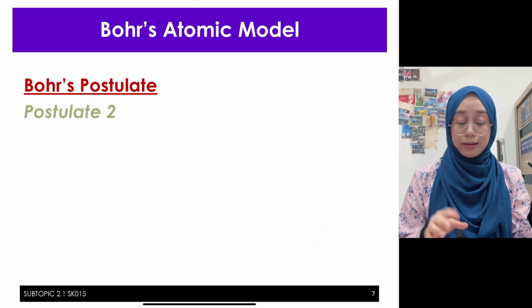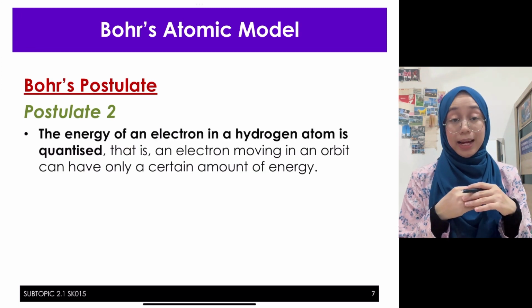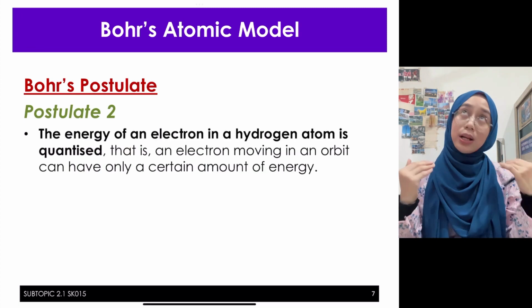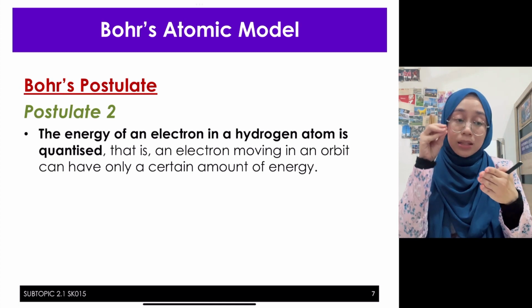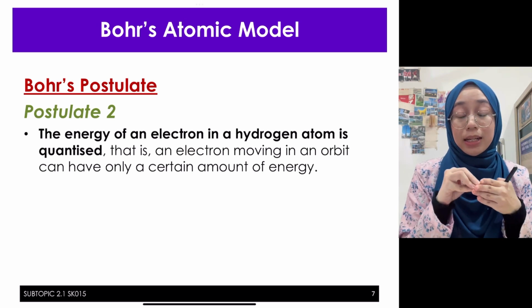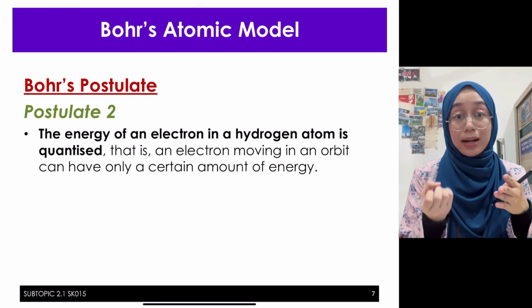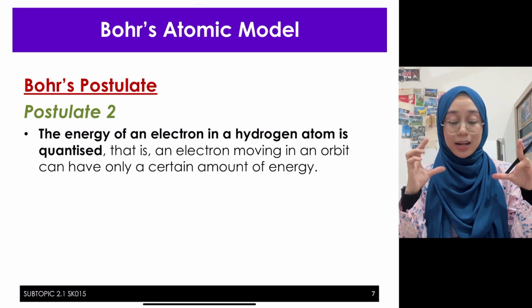Okay, and then second postulate pula class, the energy of electron in a hydrogen atom is quantized. Quantized kat sini maksud dia adalah fixed. Okay, so dekat that specific energy level ada specific amount of energy yang elektron tu ada. Okay, so that dia boleh kekal berada dekat that particular orbit.